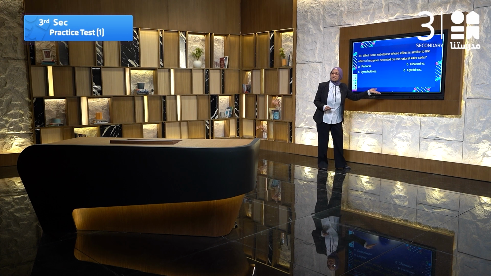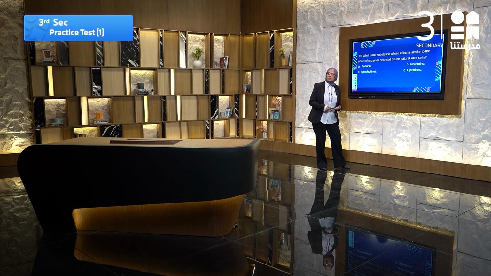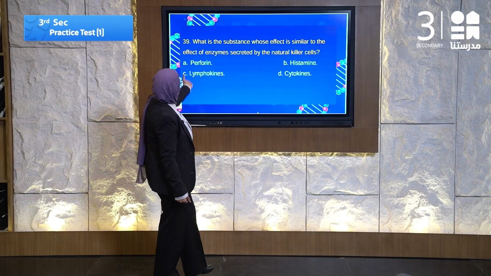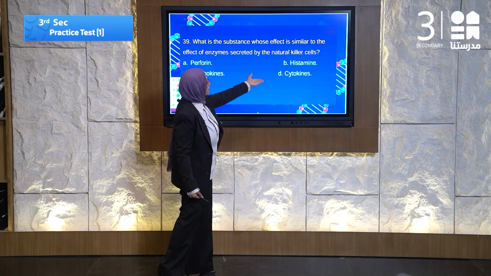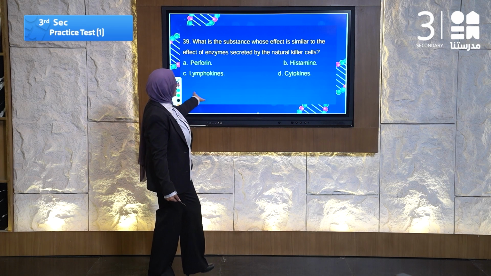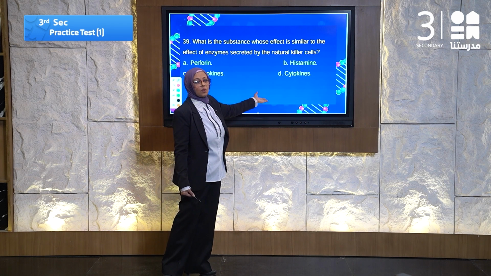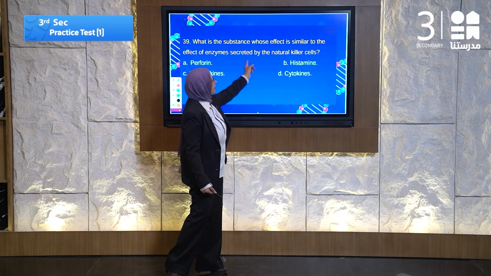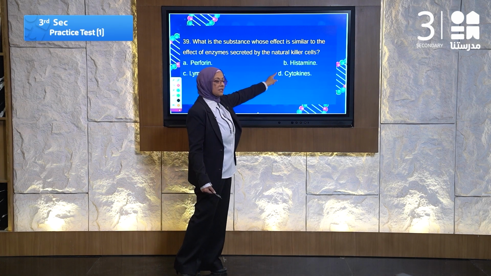Natural killer is a type of cell found in our body. What are the choices? Perforin, histamine, lymphokine, cytokine. Which of them is secreted by a natural killer cell?